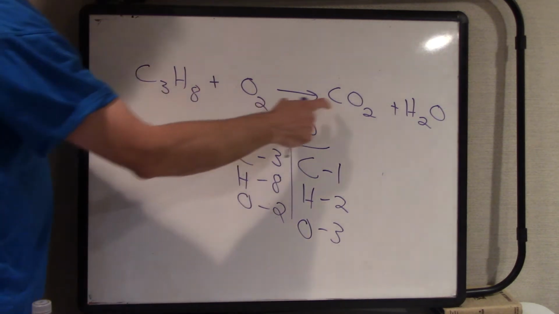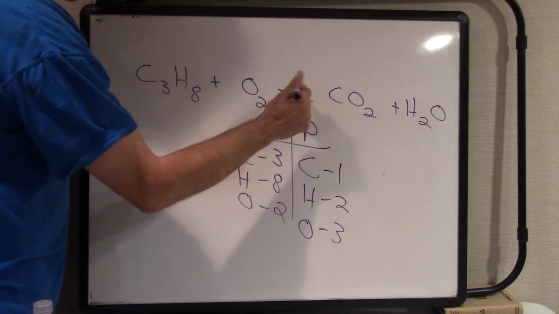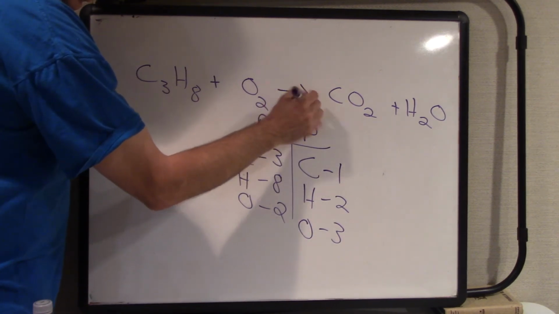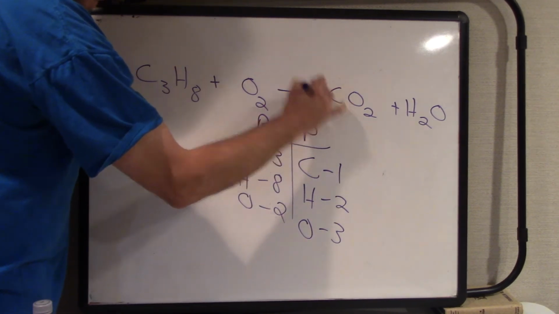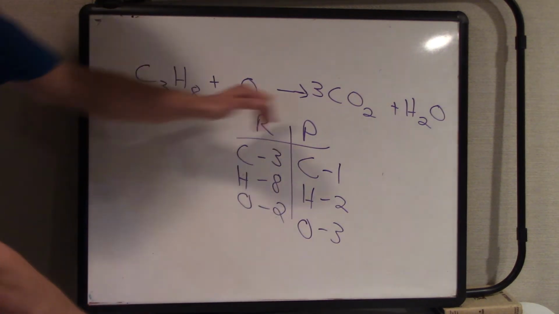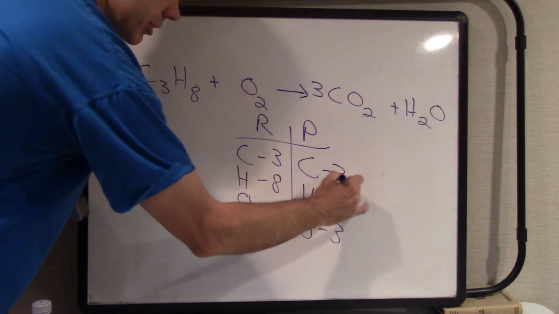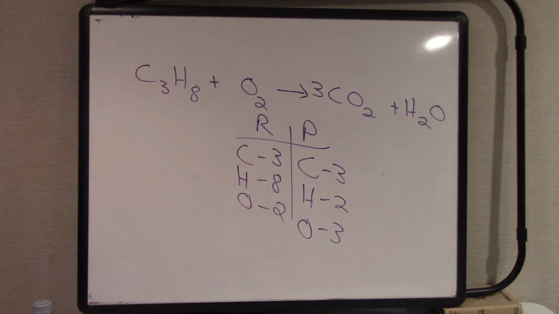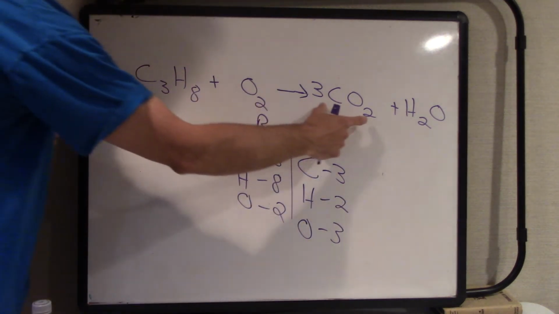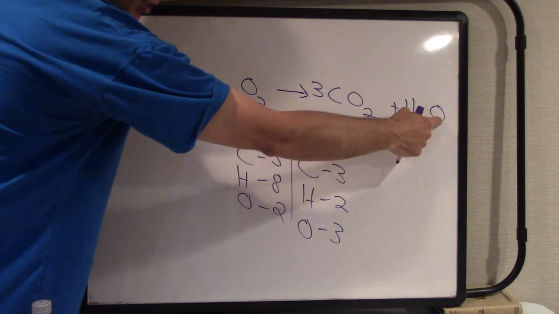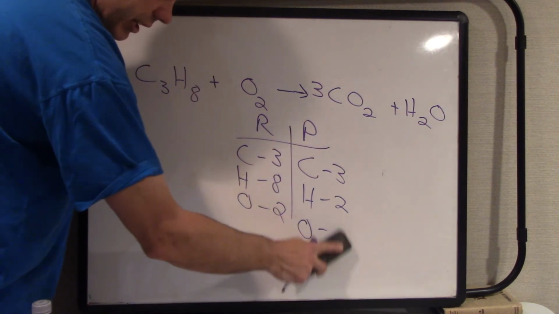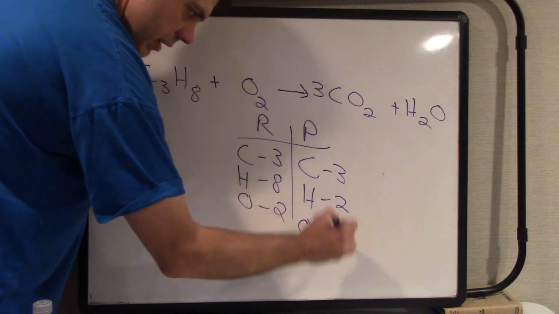3 carbons, 1 carbon. Can I fix that? I can definitely fix that. I can put a 3 out here to give me my 3 carbons. But by doing that, I'm also going to change the number of oxygens that I'm looking at. Now I have 6 plus 1. I change the number of oxygens now to 7.